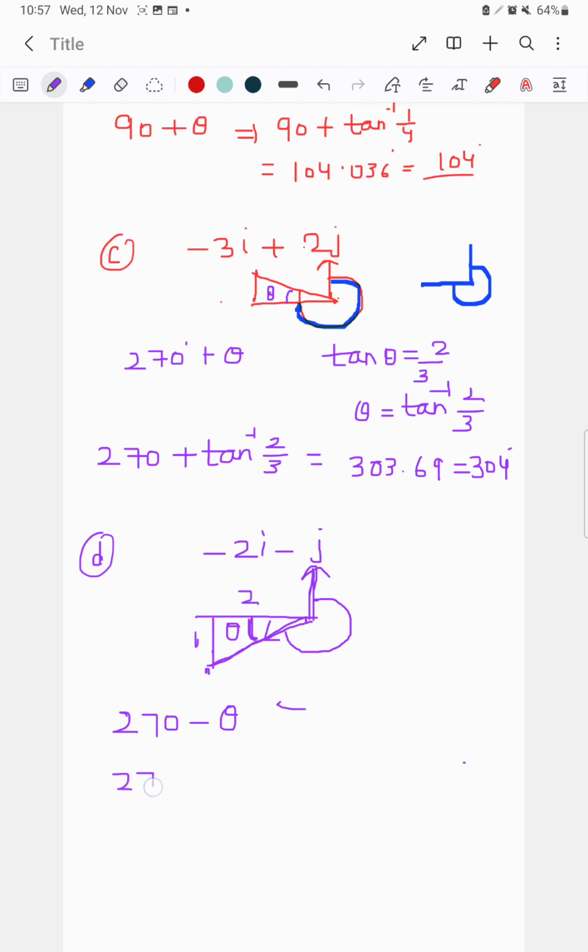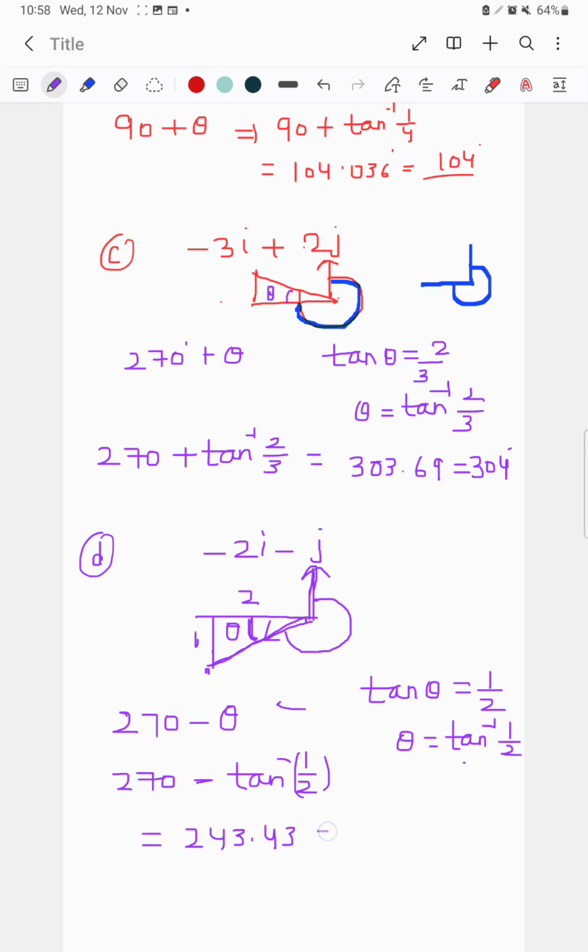So tan theta is equivalent to 1 over 2. So theta is tan inverse 1 over 2. So 270 minus tan inverse a half is going to give me an answer of 243.43, which is approximately 243 degrees in the form of bearings.